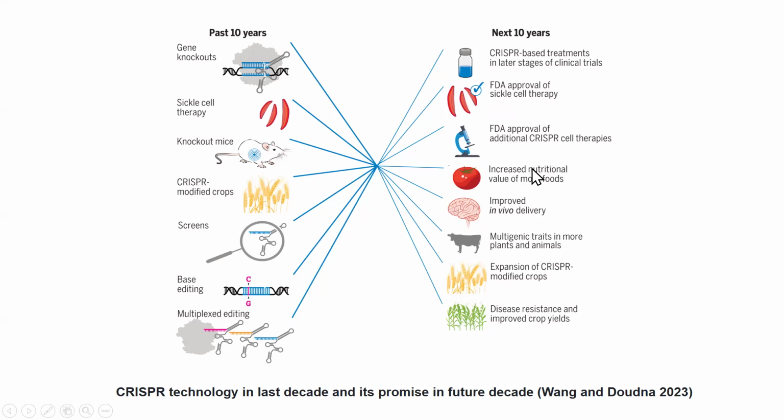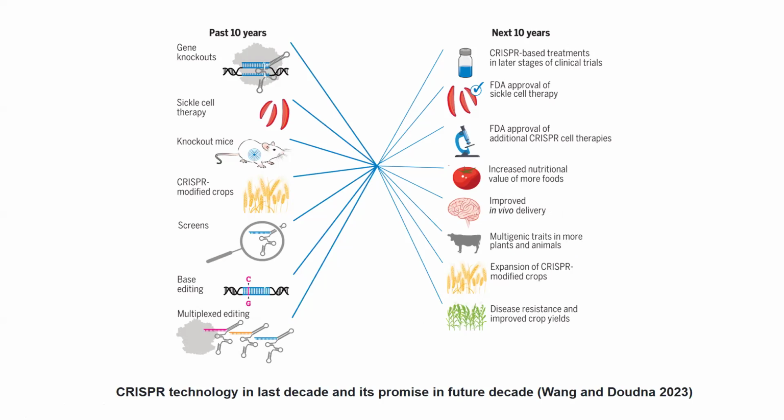CRISPR will be hugely used in future crop improvement, for example high nutritional quality, which is called biofortification in biotechnological terms, even in human and animal crops, disease resistance or stress tolerance, de novo domesticated plants, and much more.